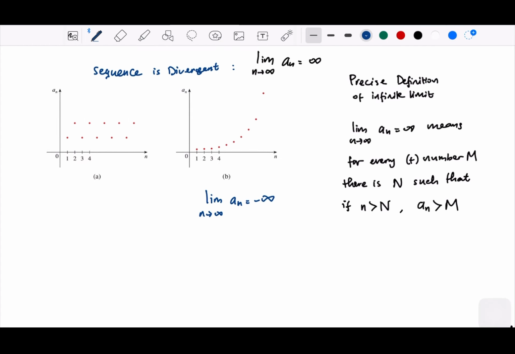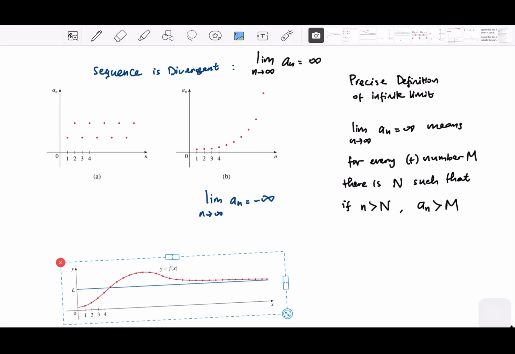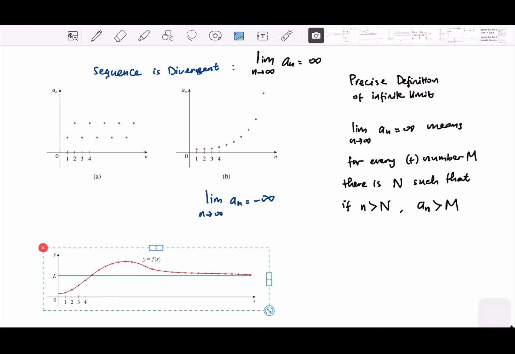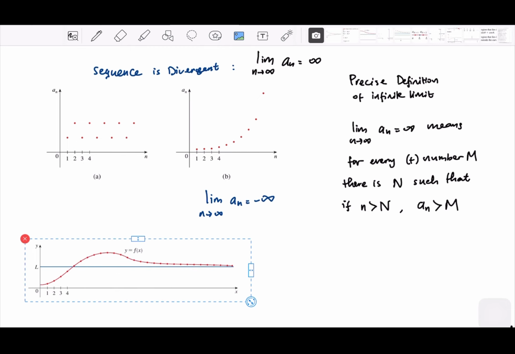Now we could also describe it as a function of x.